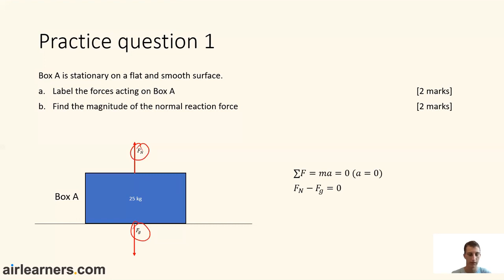Substituting in, because Fg is mass times gravity, which is 9.8 meters per second squared, we get the normal reaction force to be 25 multiplied by 9.8, which is 245 newtons. Because it says magnitude, you don't need to state a direction, but always be careful: if it doesn't say magnitude, you have to give a direction, which would be upwards, for instance.